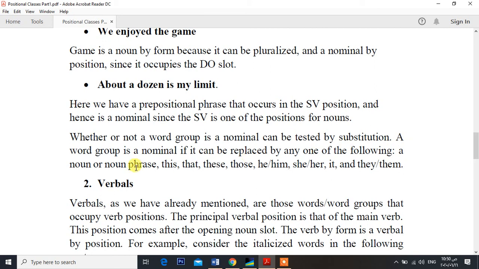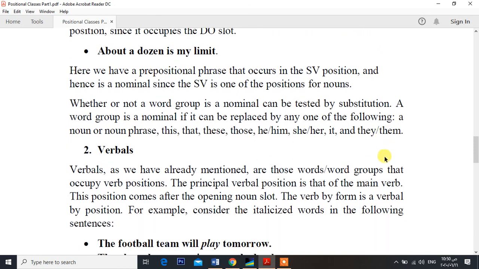A word group or a word is a nominal if it can be replaced by any one of the following: a noun or noun phrase, this, that, these, those, he or him, she or her, it, and they or them. So any word is regarded as nominal if it can be replaced by one of those options.